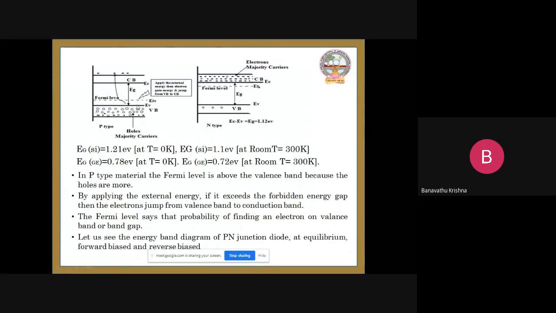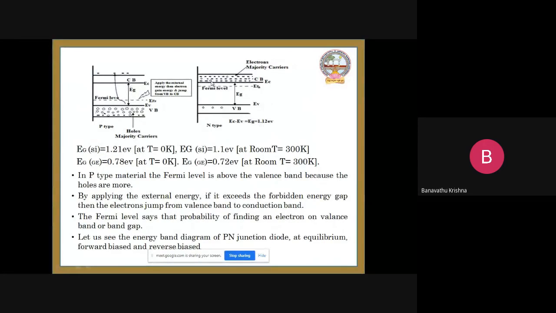Here, if you apply any external energy, then electrons gain some energy and jump from the valence band to the conduction band. If your applied energy is above this energy gap, then only the electrons jump from the valence band to the conduction band.